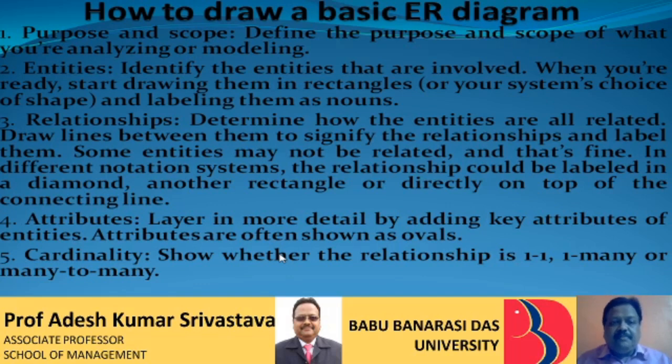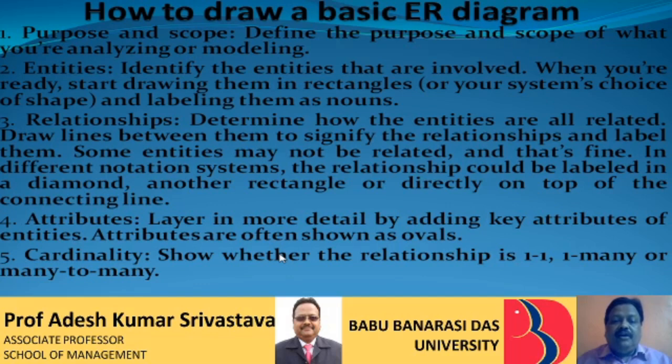Draw lines between them to signify the relationship and label them. Some entities may not be related, and that's fine. In different notation systems, the relationship could be labeled in a diagram, another rectangle or directly on top of the connecting line. Now attributes. Layer in more detail by adding key attributes of entities.